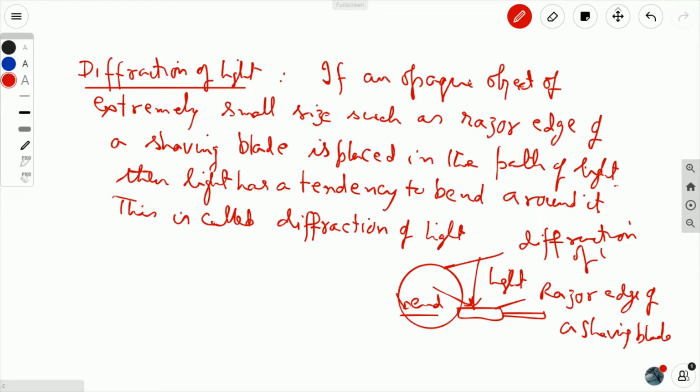Students, have you understood diffraction of light? Very simple. Just like this is an opaque object.